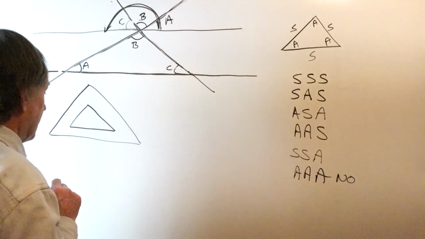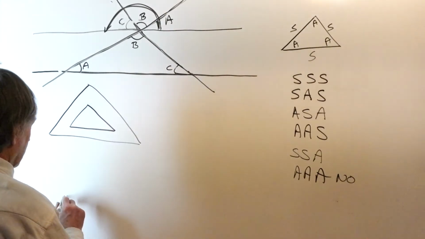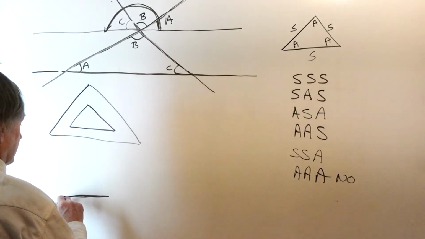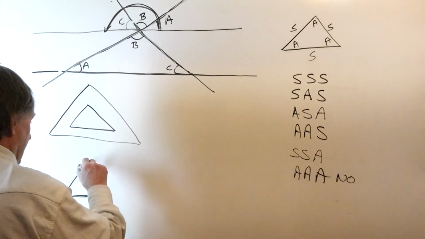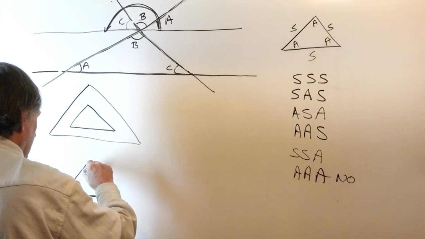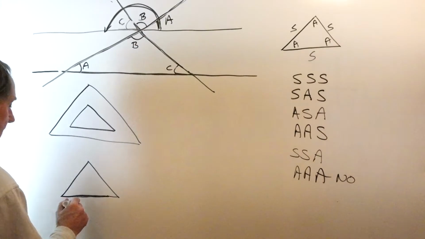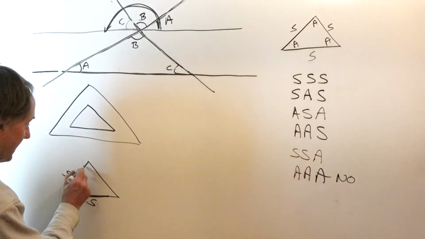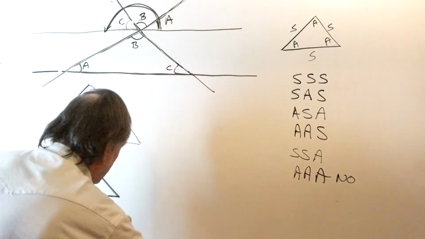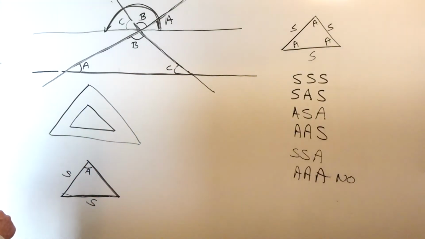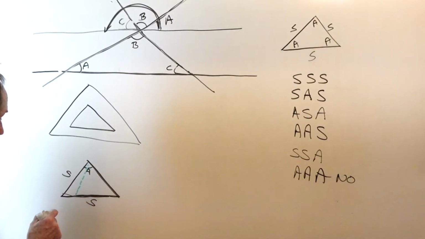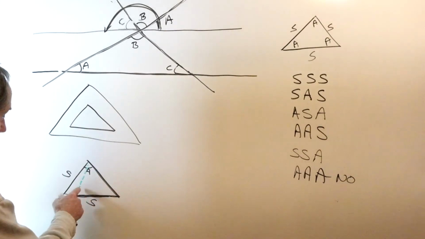How about side, side, angle? Well, if we're given a side and say another side and this angle, okay, so we've got this side, and this angle. Well, if you look, all we'd have to do is swing this side over. It would have the same length as this side.